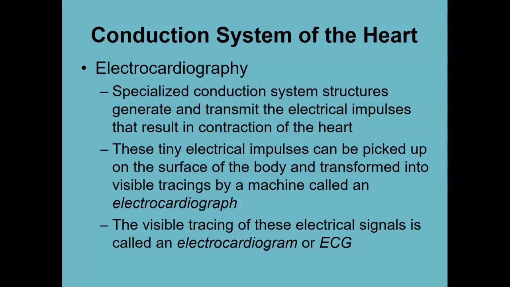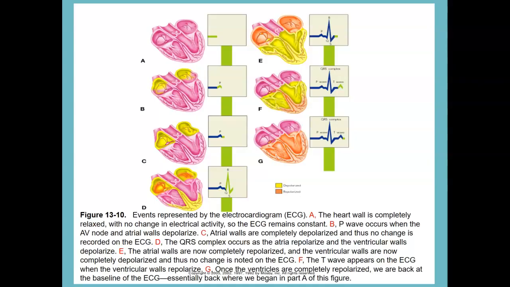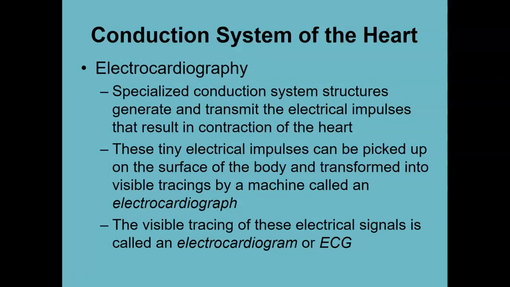So an electrocardiography, or ECG, is a way to measure electrical signals through the heart. We also call it an electrocardiogram. What happens is you'll go into the doctor's office and they'll put little leads on the surface of the body to record the electrical impulses as they are being conducted through the heart.